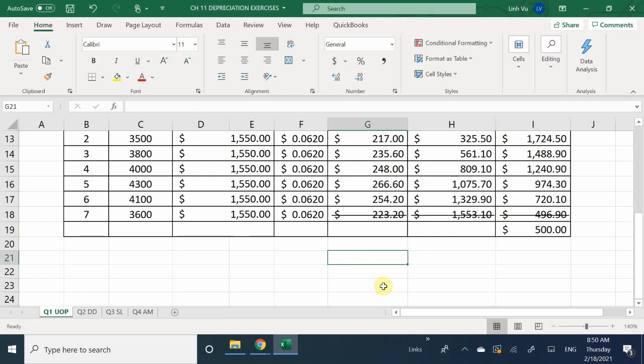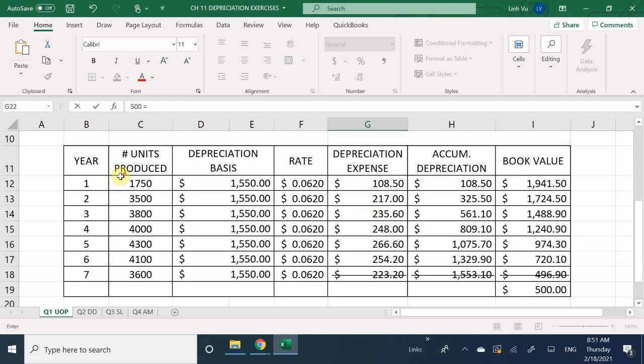So book value is equal to cost of asset minus accumulated depreciation. My book value is $500. And I have the cost of the asset. What is my cost of the asset?